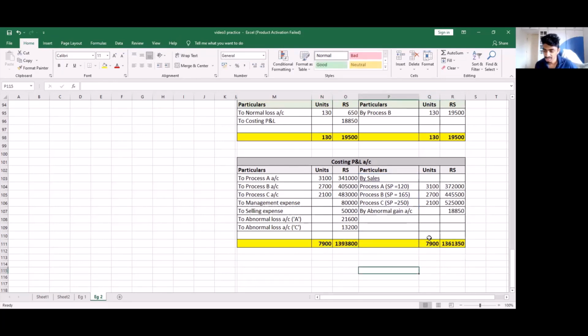So on summing both sides, we see that our debit side is more than our credit side. This means we have a net loss. So we will account for this as by net loss. So our net loss is going to be the difference, which is 13,93,800 minus 13,61,350. So we get a net loss of 32,450.